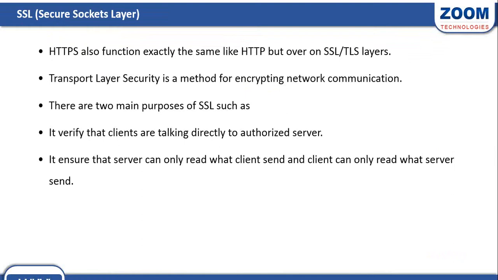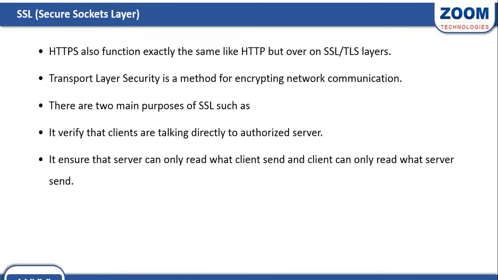Whatever communication is taking place between various computers and systems will always take place in an encrypted format, which is done by the TLS and SSL layers. There are two main purposes why HTTPS works on SSL.